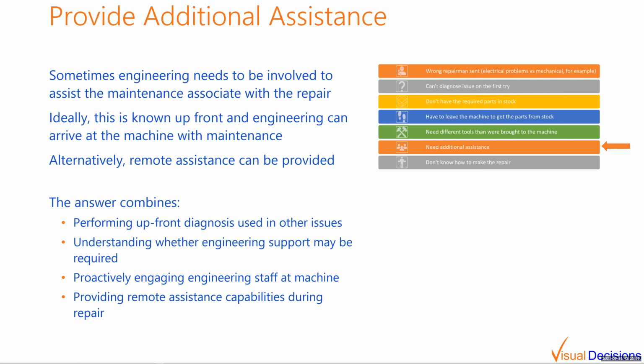With tools like remote assistance through augmented reality, they're able to engage people from engineering or even the vendor of the equipment itself, and get that assistance to make that fix at the machine while they're there the first time.